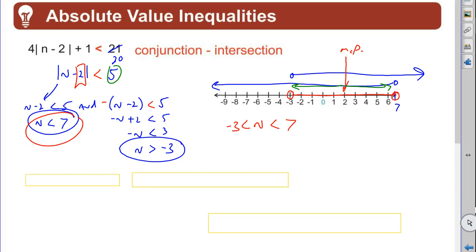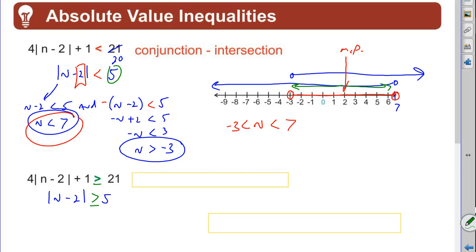Then the possibility is also there for a disjunction. Right now I'm really not quite ready to read that it's a disjunction. Let's go ahead and isolate the absolute value, and you can see we end up with the exact same thing, only the symbols go in the other direction. The absolute value of n minus 2 is 5, but only this time it's a greater than. It wouldn't matter if it's greater than or equal to, so let's do it that way.